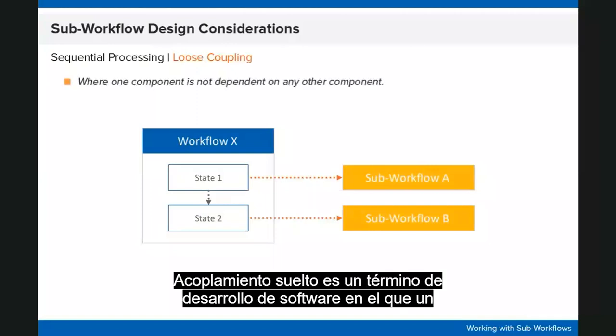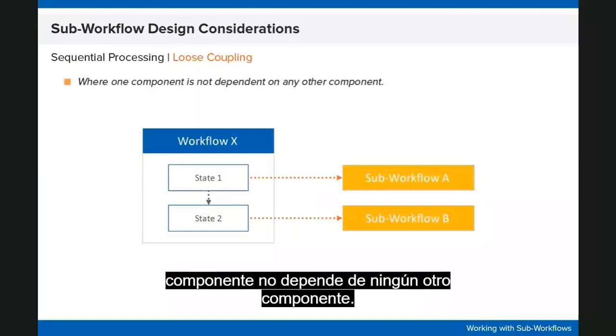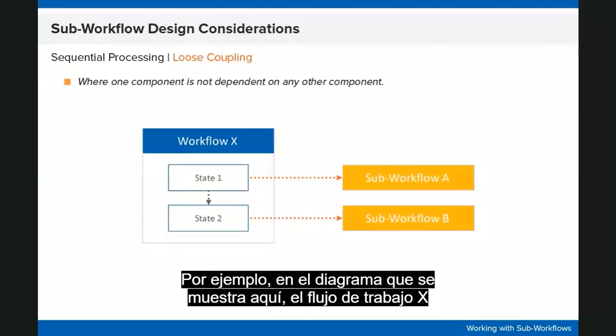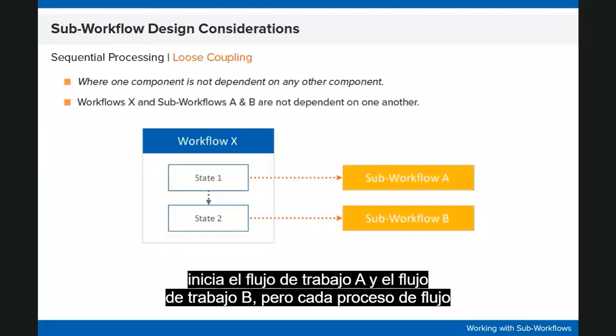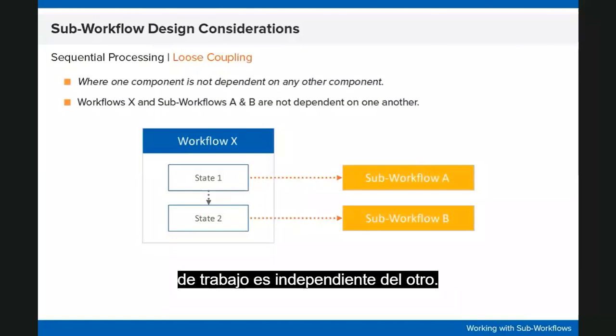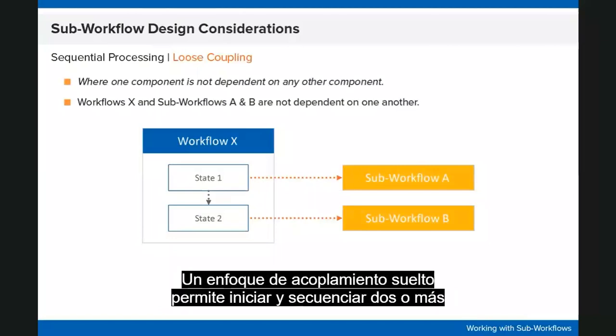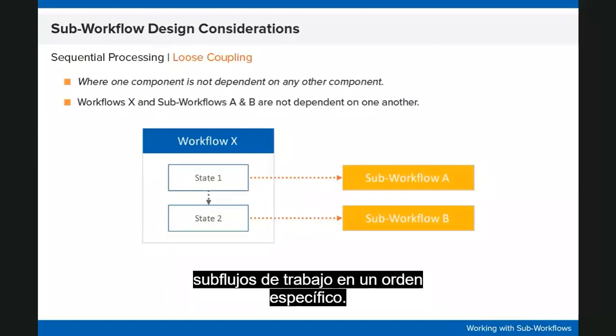Loose coupling is a software development term where one component is not dependent on any other component. For example, in the diagram shown here, workflow X initiates both workflow A and workflow B, but each workflow processes independently from the other. A loose coupling approach allows two or more sub-workflows to be initiated and sequenced in a specific order.